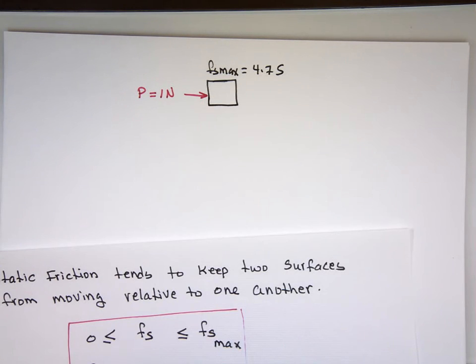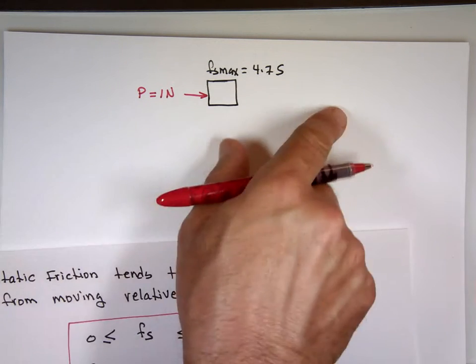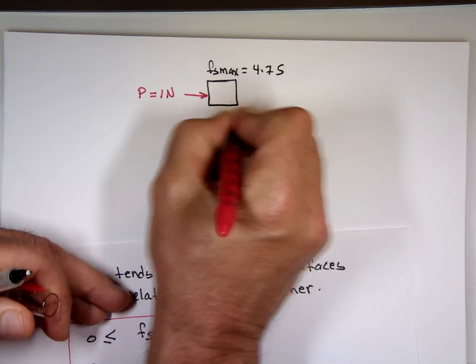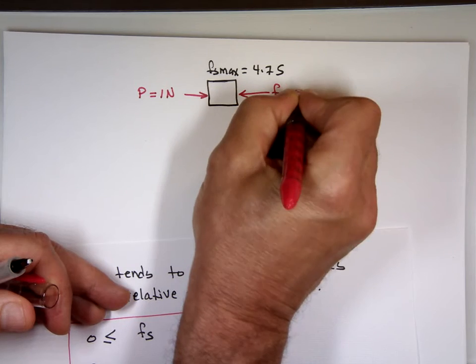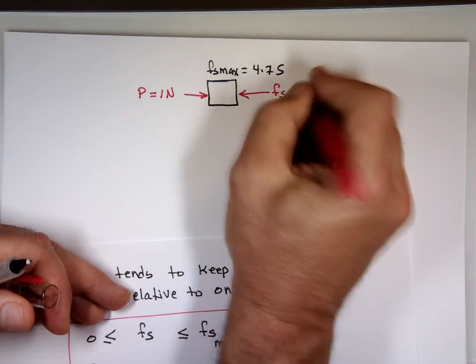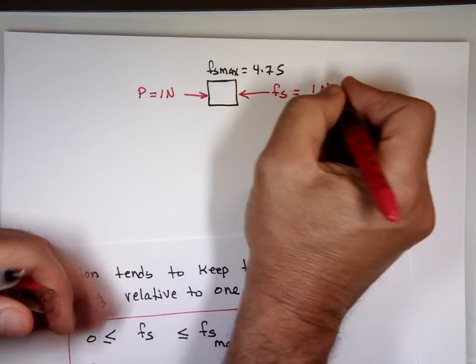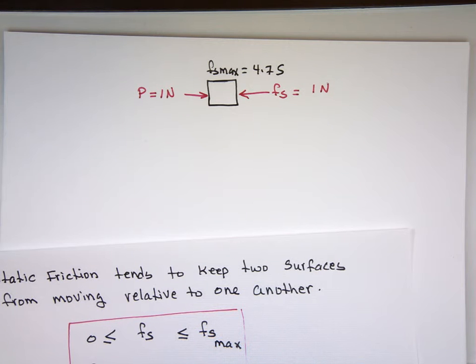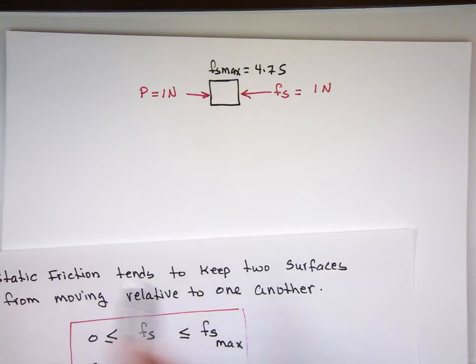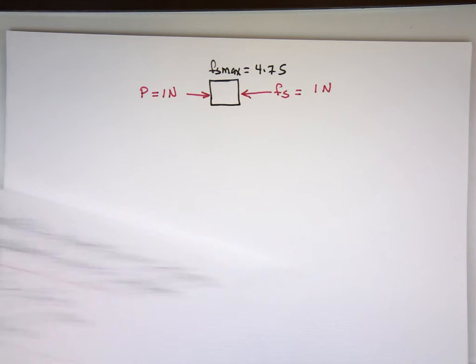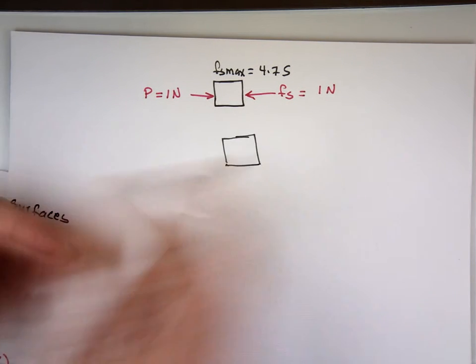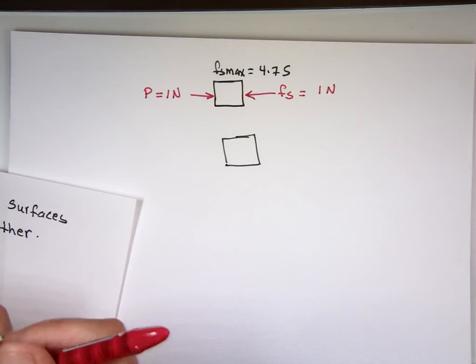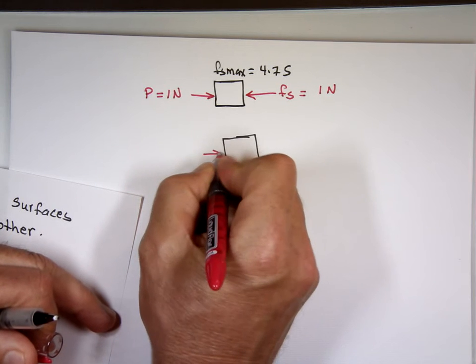So I'm pushing on it in that direction. That means there's a static friction force pushing backward, F static. And how big is that value? It's equal to my push. It has to be equal to it, because if it's bigger, it's going to make it move in that direction. With the same iPhone, if I increase that force to 2 Newton, is my iPhone going to move?